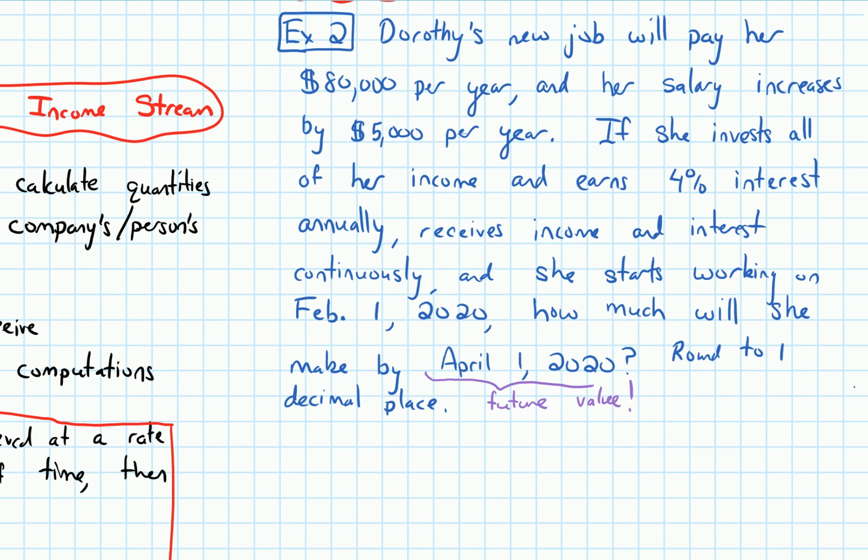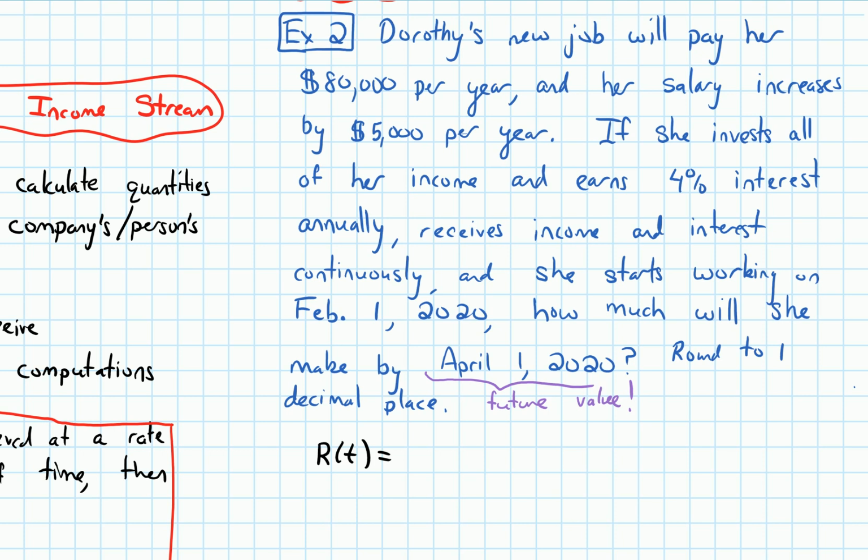I'm going to begin by writing down a function r of t for her income stream, for the money that she makes from her job. When she starts her job, she's earning $80,000 per year, but that increases by $5,000 per year.